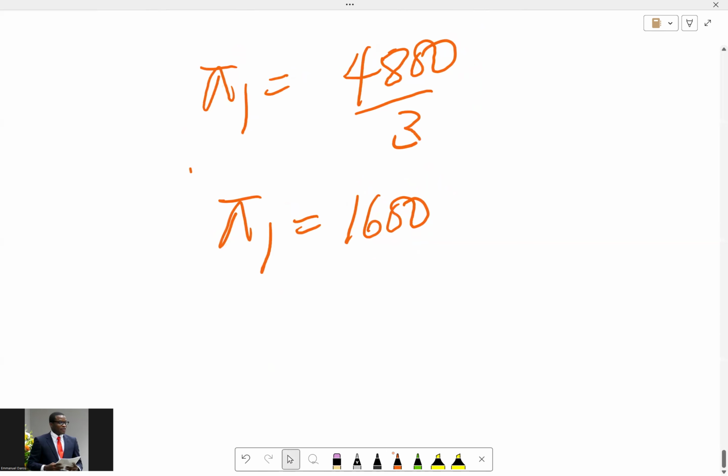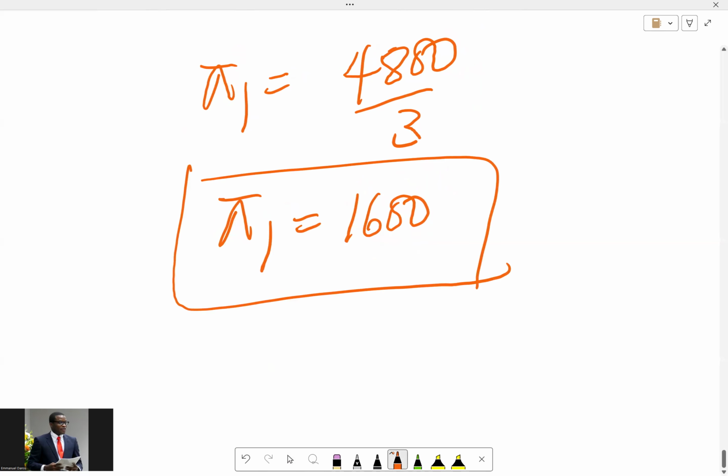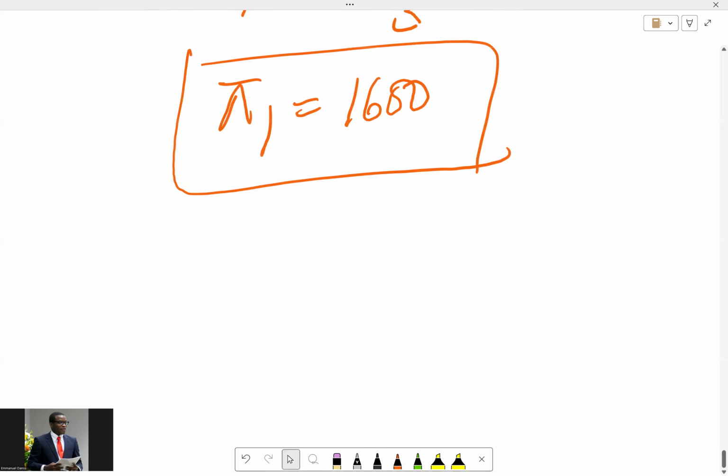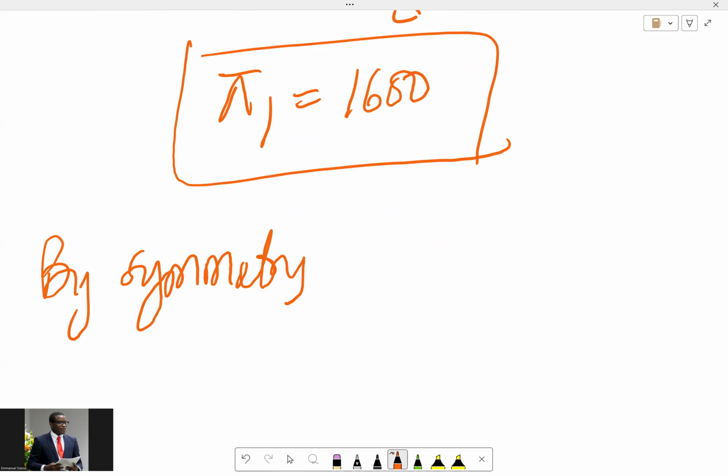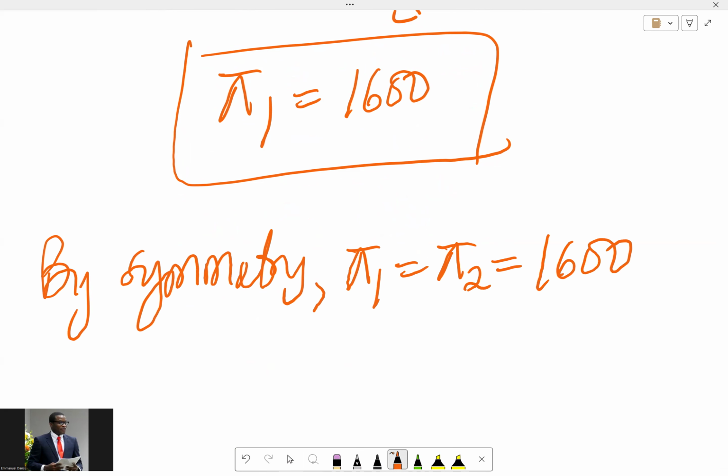So the profit for firm 1 is 1,600, be it dollars or whatever. Again, by symmetry, pi 1 is equal to pi 2, and that is equal to 1,600. So that is the profit for each firm.